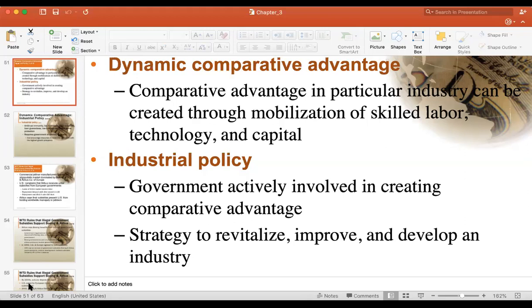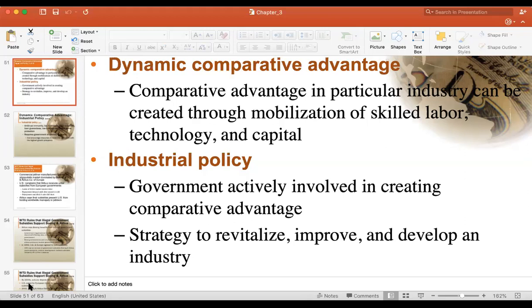So in other words, competitive advantage is not a static concept, it's a dynamic concept. It can be created. However, the Ricardian model overlooked this possibility, and he simply focused on competitive advantage being a static concept.